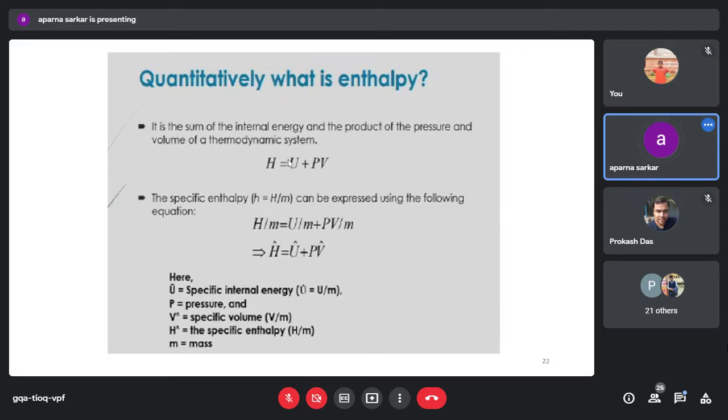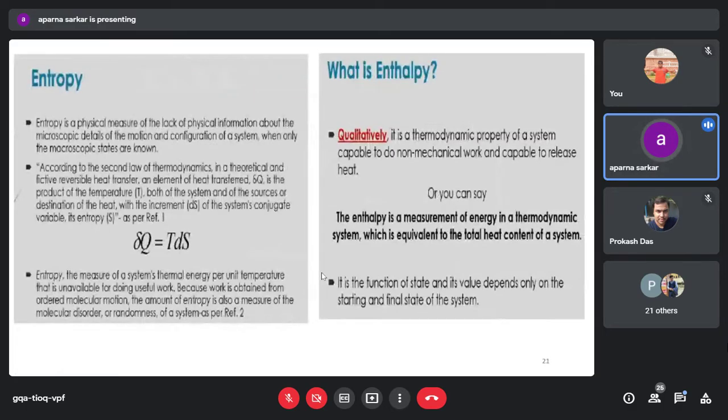PV by m: pressure does not depend on the mass, so V by m is specific volume. When the specific term comes, we need to apply this bar sign. So this is the enthalpy part.